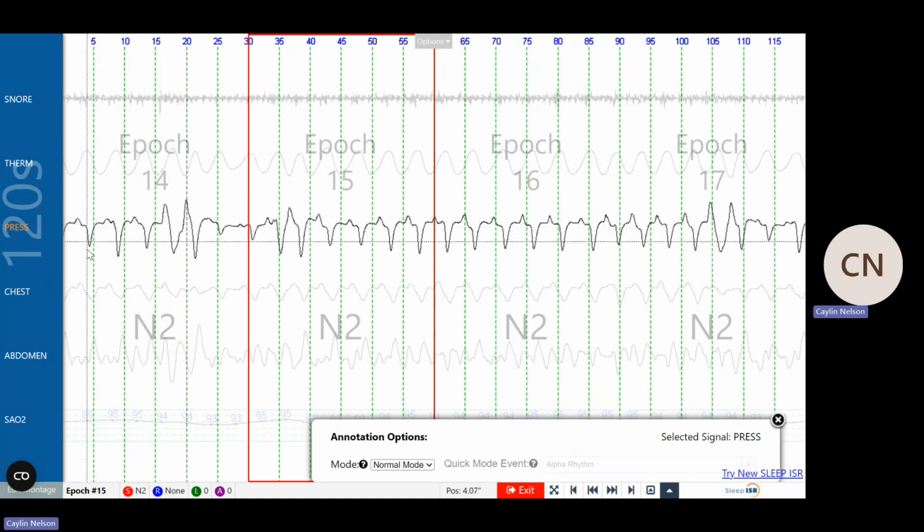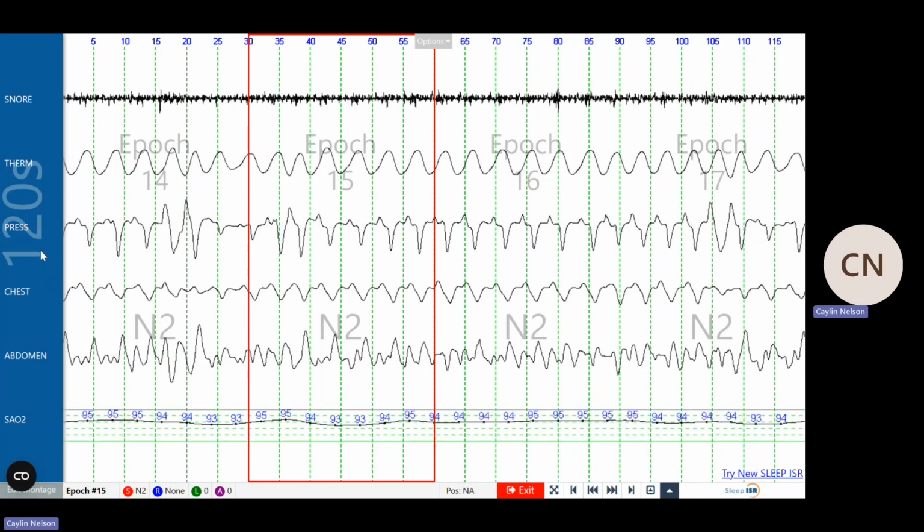So with hypopneas, we know that the pressure channel is showing us an amount of air that a patient is breathing in and breathing out. So you can see that the amount of air has changed. If you look at the bottom of the last breath and the bottom of the second breath there, you can see a very big difference, showing that there was a slight shallow breath that happened in that little bit of time.